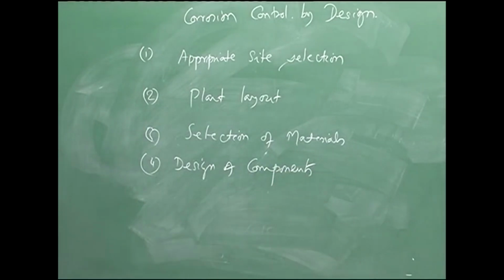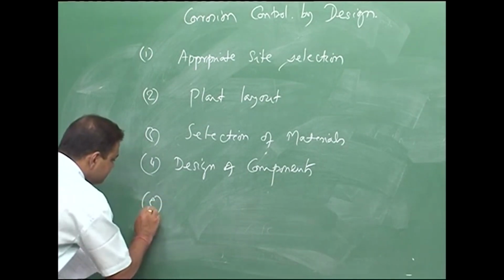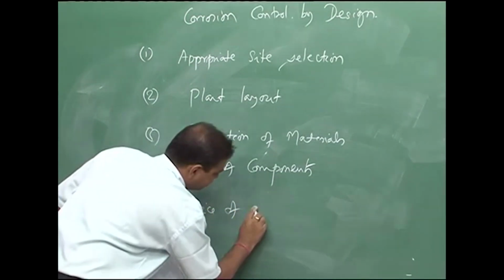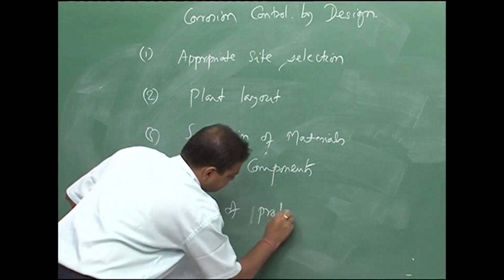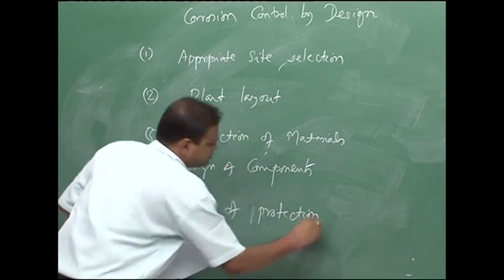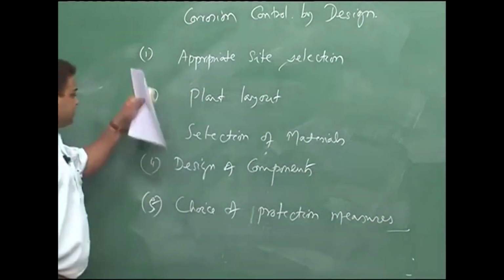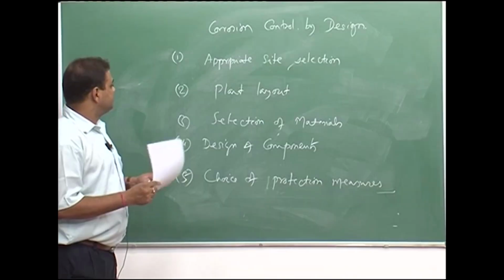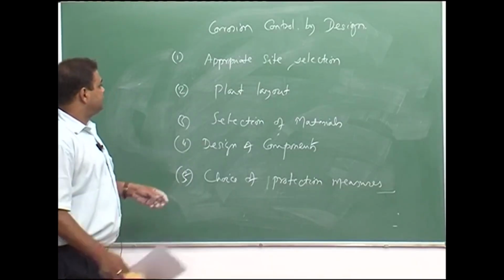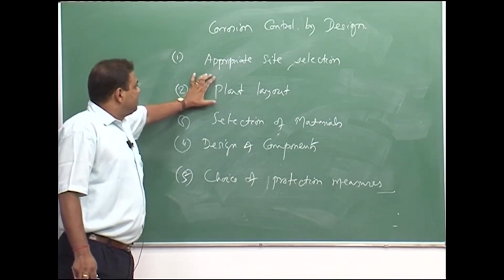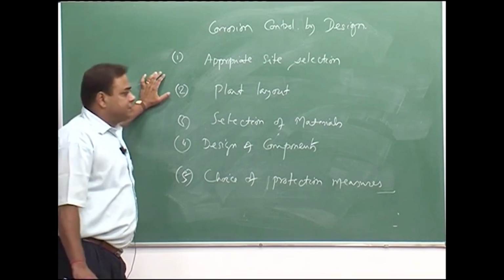Then we can also think of choice of corrosion protection measure. So, these are the 5 factors we should consider while thinking about setting up a plant, so that we can get rid of corrosion to a great extent.